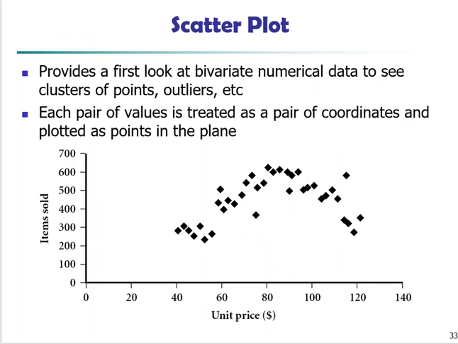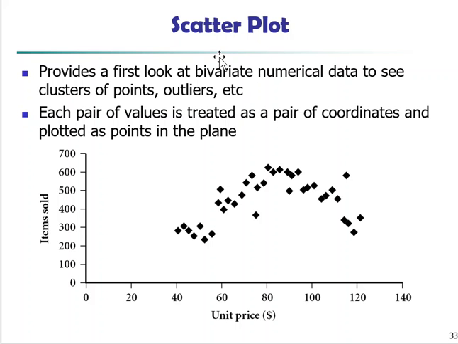So the last plot that we're going to look at is the scatter plot. Earlier we had univariate numerical data to plot. We can use a box plot, a quantile plot, histograms or a bar chart, depending on your data types.